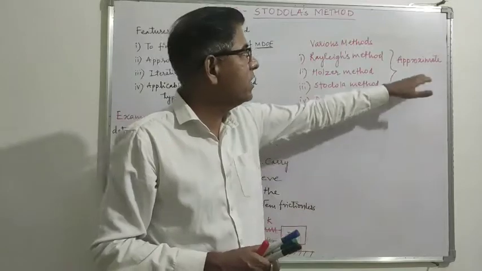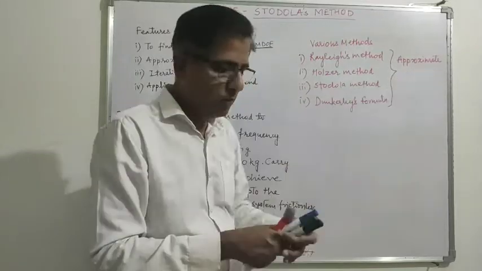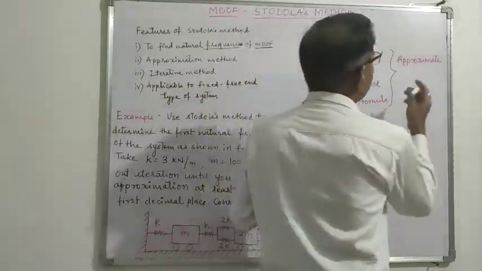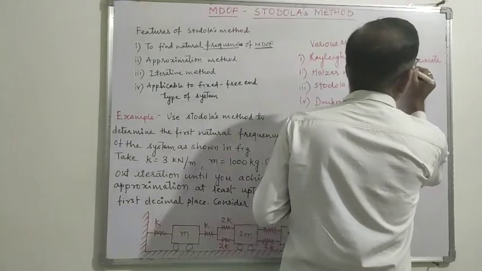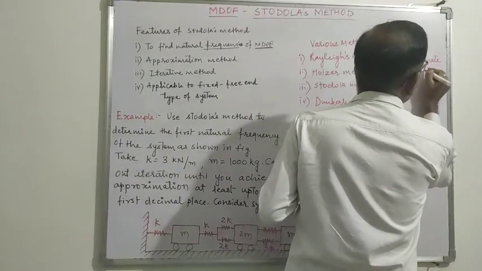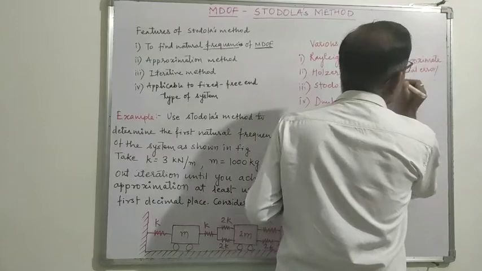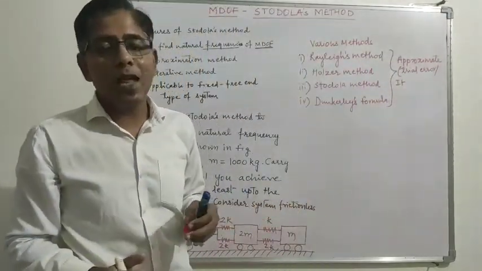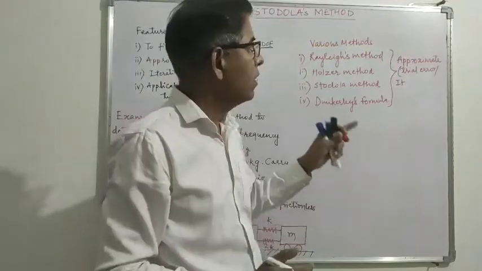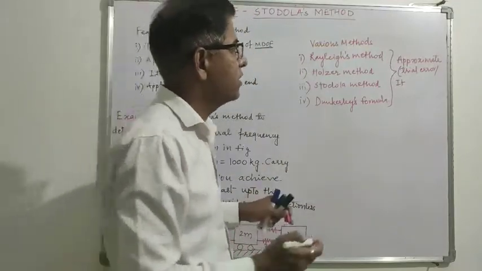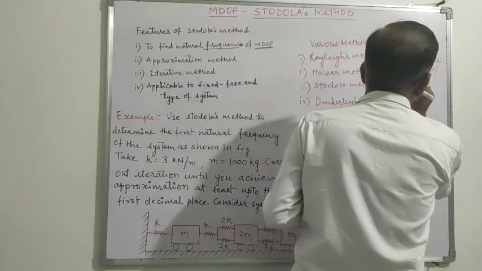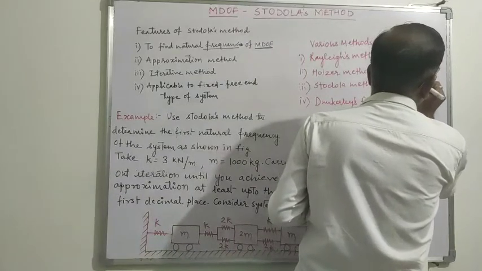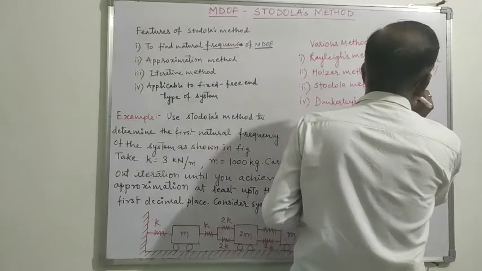So basically they are approximate methods, that means they are trial and error, or you can say iterative. Iterative would be the most appropriate word for these types of methods. So they are iterative methods.